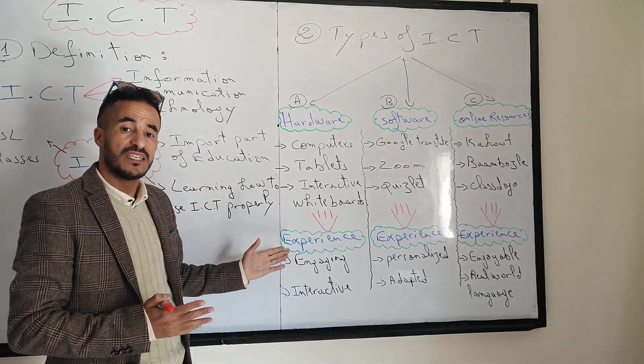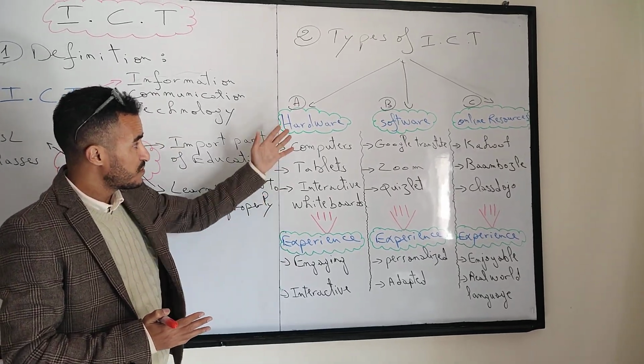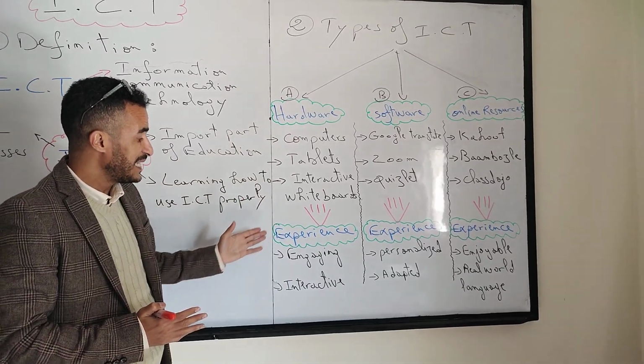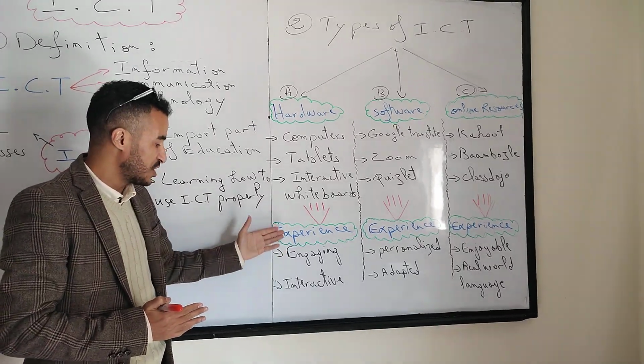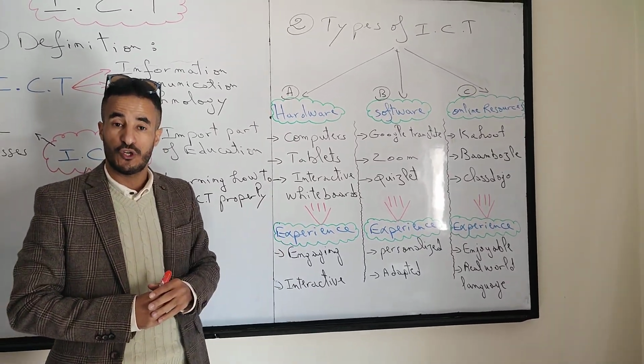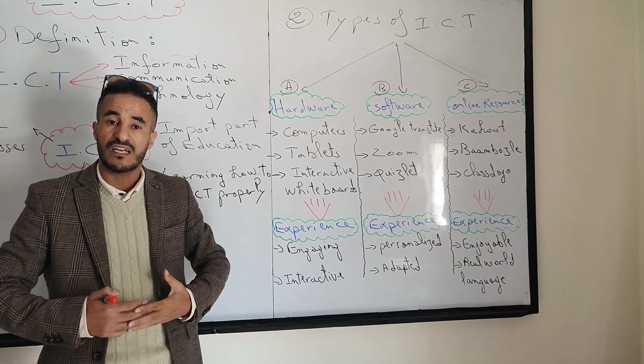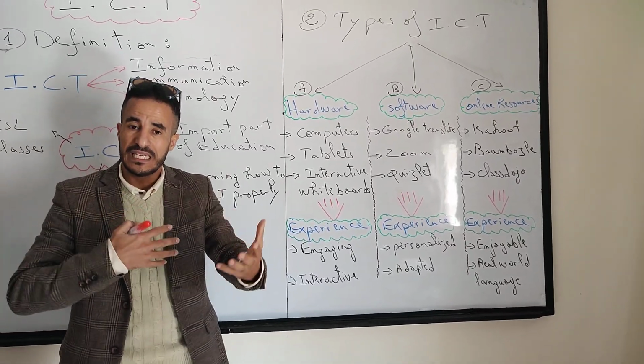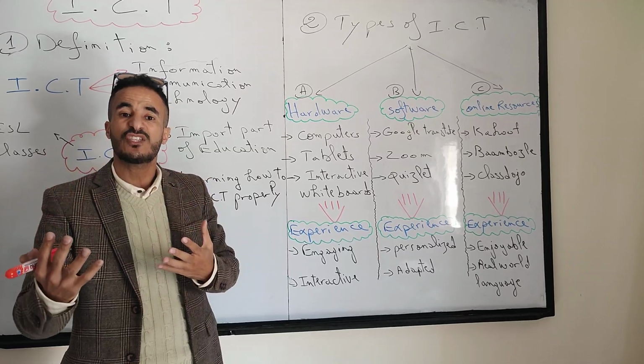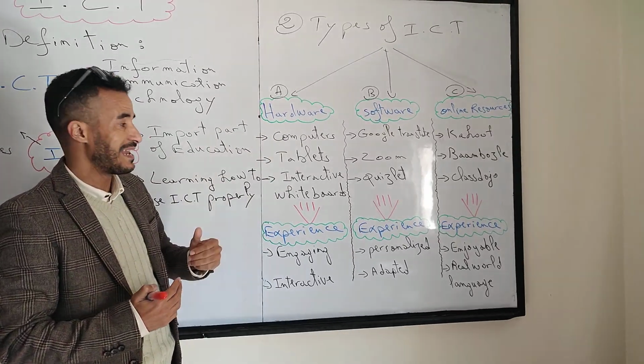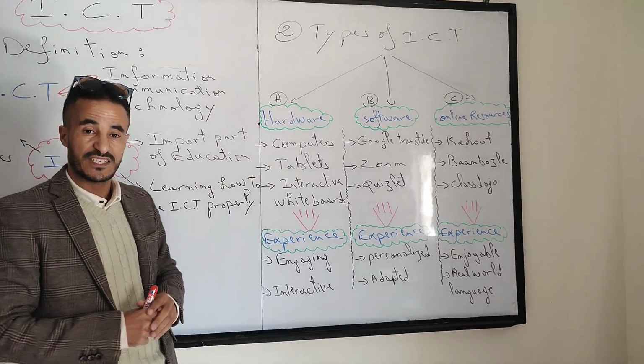And the experience here is very important. These types create an engaging and interactive experience for learners, which means that learners are engaged. And there is communication, there is interaction, thanks to the use of computers, tablets, and interactive whiteboards in our classes.